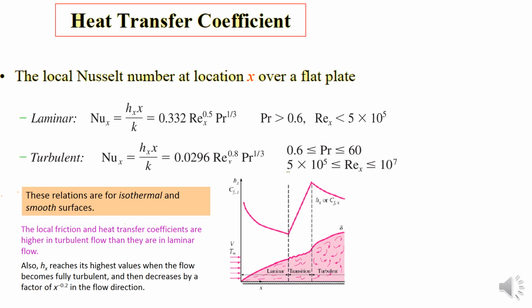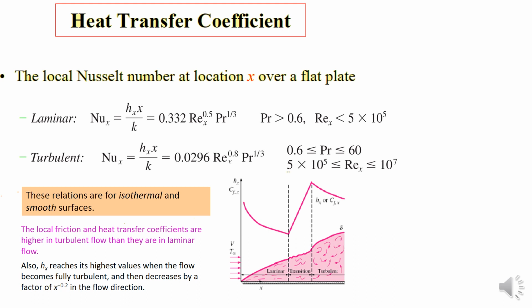As mentioned in the note, Hx reaches its highest value, the flow becomes fully turbulent, and then it decreases by a factor of x to the power of minus 0.2 in the flow direction. Within the transition range, the flow is a mix of laminar and turbulent flow.